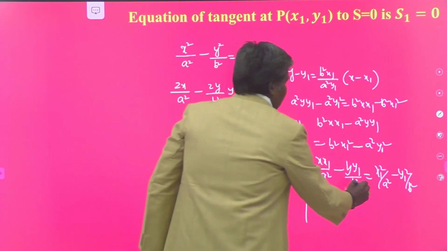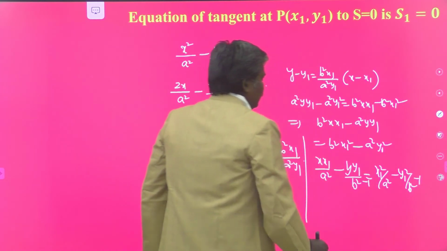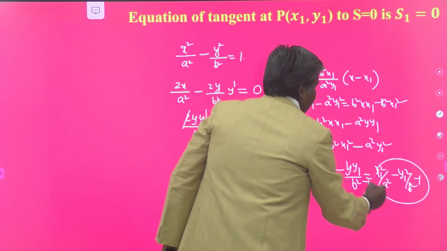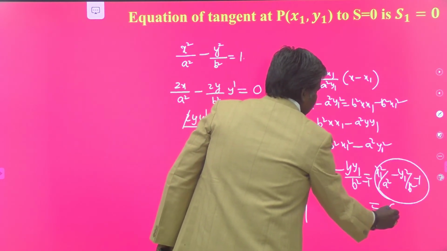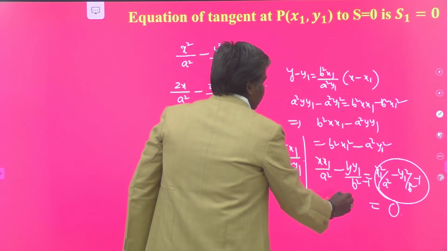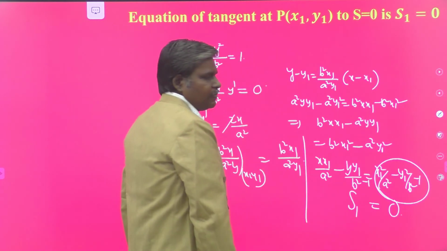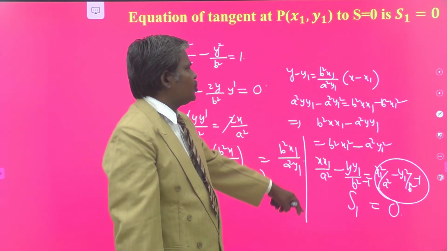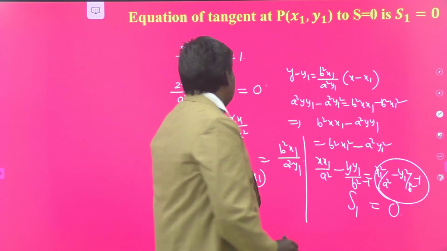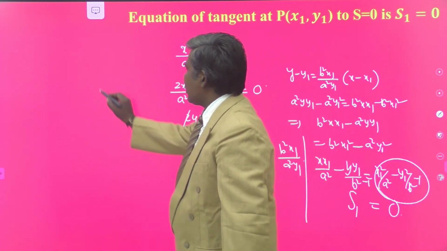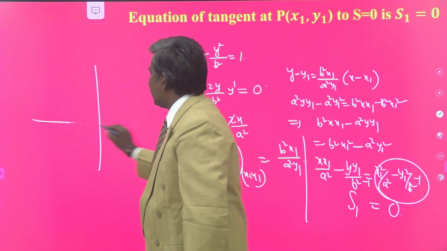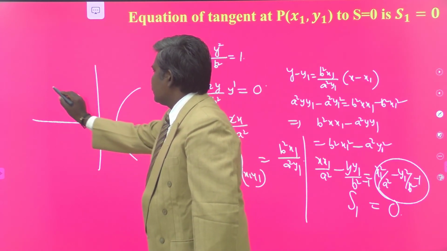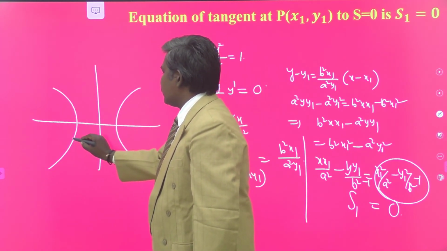And subtract 1 on both sides, we get it in this manner. But (x1, y1) lies on your hyperbola, so that becomes 0. This is the expression for S1. So S1 is equals to 0. This is the equation of tangent at P(x1, y1) to your hyperbola x square by a square minus y square by b square is equals to 1.